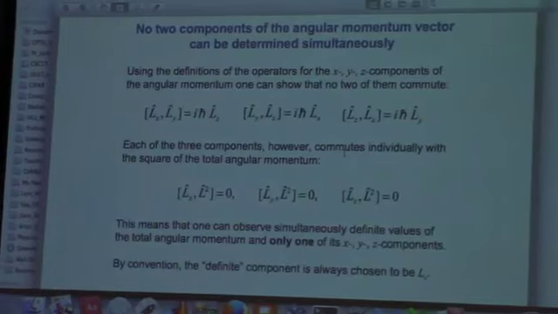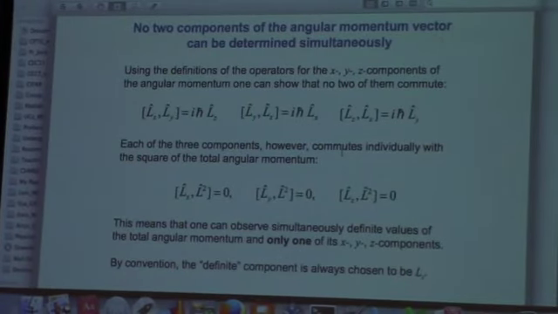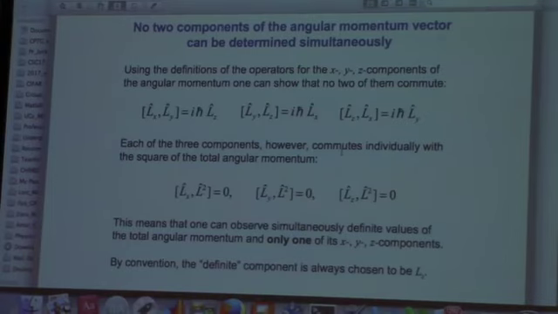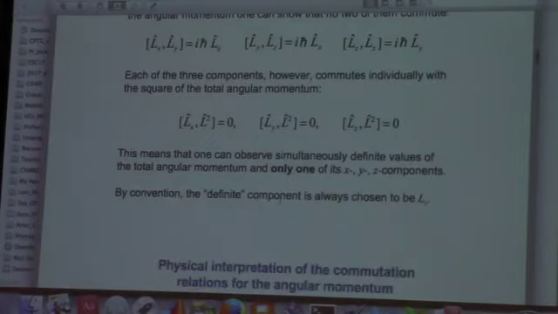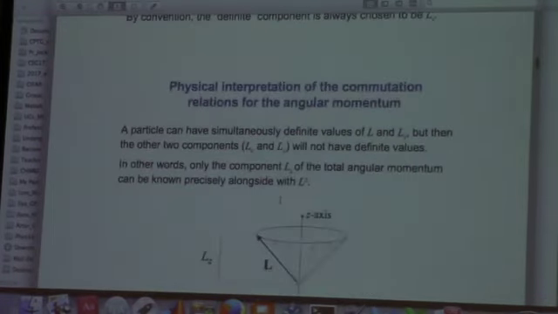Now, you're exactly right. We have these commutation relations between the angular momentum components. They're easily derivable from just the basic definition of what the components are. And L squared is this magical operator that commutes with all components, not everything.